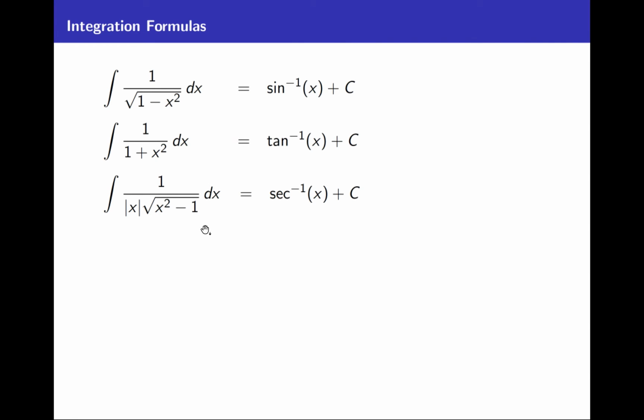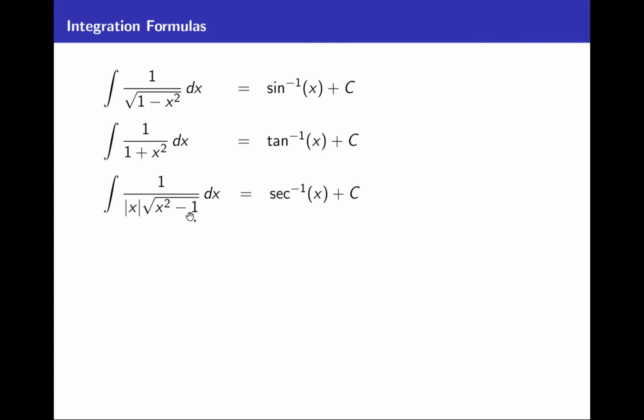And that would suggest that the integral of 1 over the absolute value of x times the square root of x squared minus 1 dx is secant inverse of x plus c. And that's a correct formula. However, we're going to do something that's real similar to what we did with ln of x. By the letter of the law, we've just run our differentiation formula in reverse here.